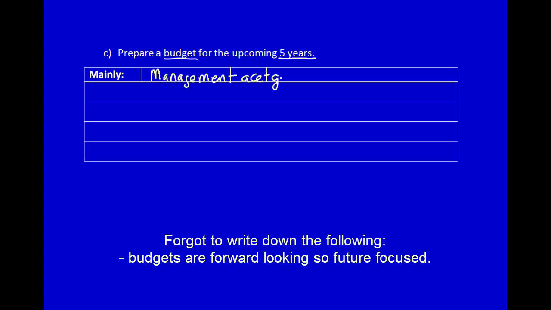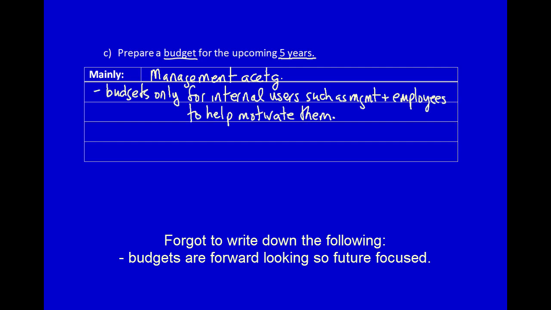Next, C. Prepare a budget for the upcoming 5 years. Again, language in the question. Budgets are forward-looking by their very nature, so this covers the future 5 years. Again, look at the language in the question because it's always a guide. This is management accounting. Budgets are only given to internal users, such as management and employees, to help motivate them.